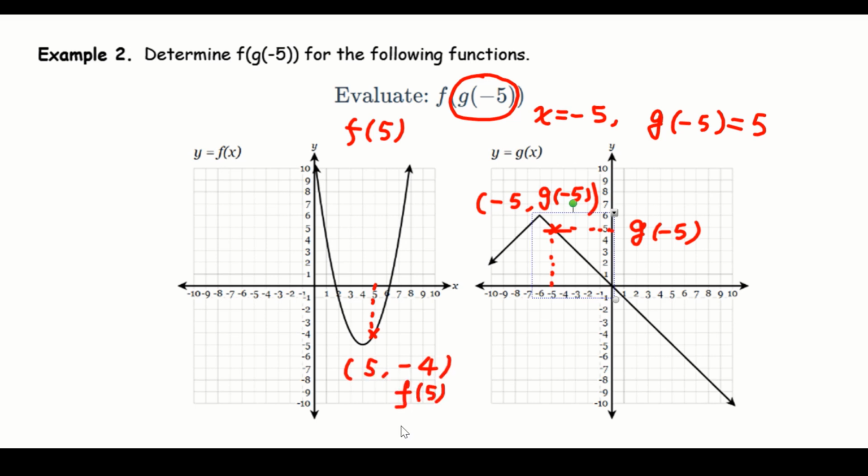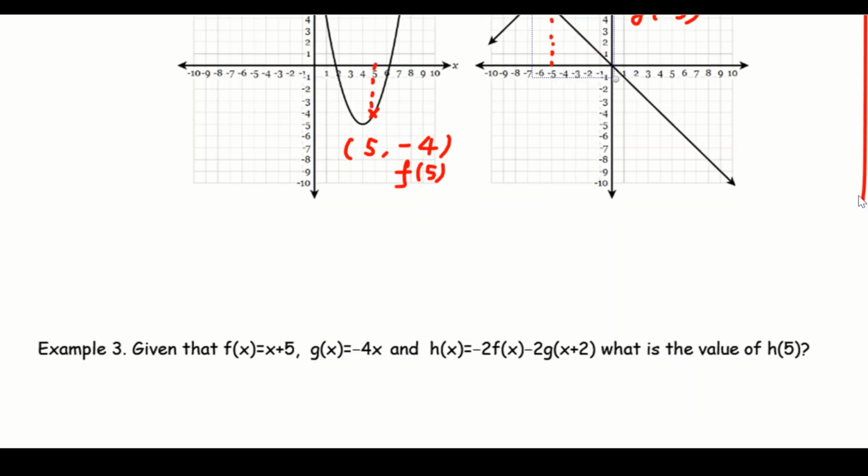So the whole thing is f at g at -5 equals f at 5, which equals -4.